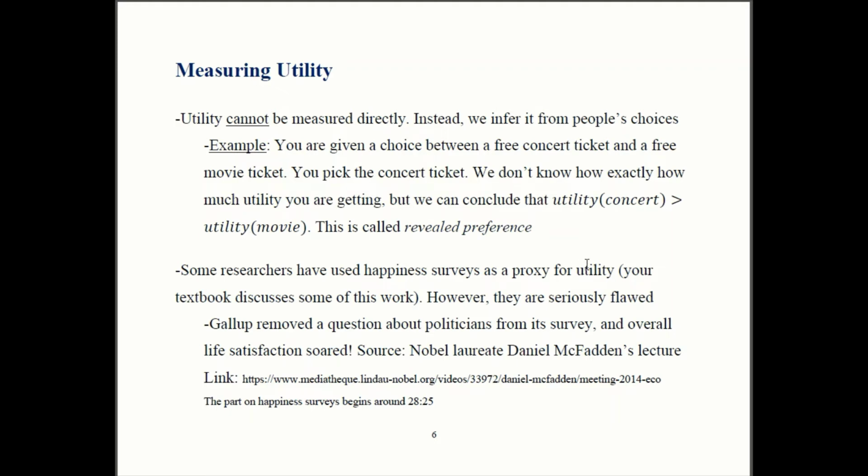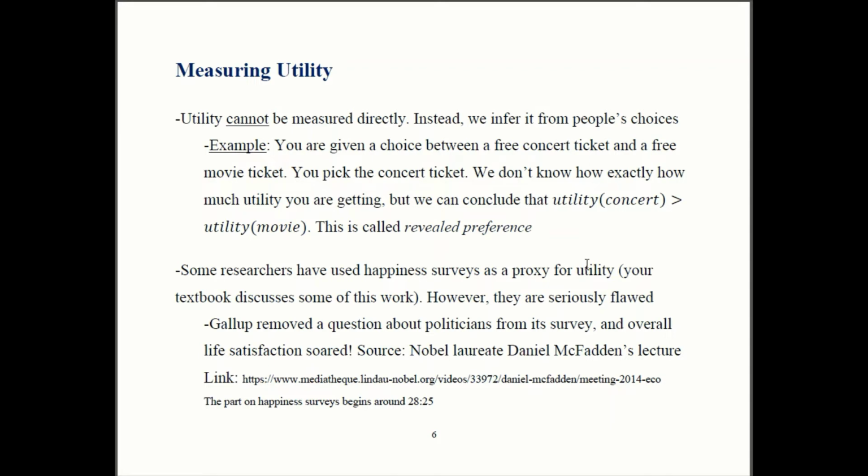So that choice revealed your preference. We distinguish between preferences, which are all in your head and not observable, and choices, which we can observe. Because your preferences inform your choices, we can deduce your preferences by watching your choices.